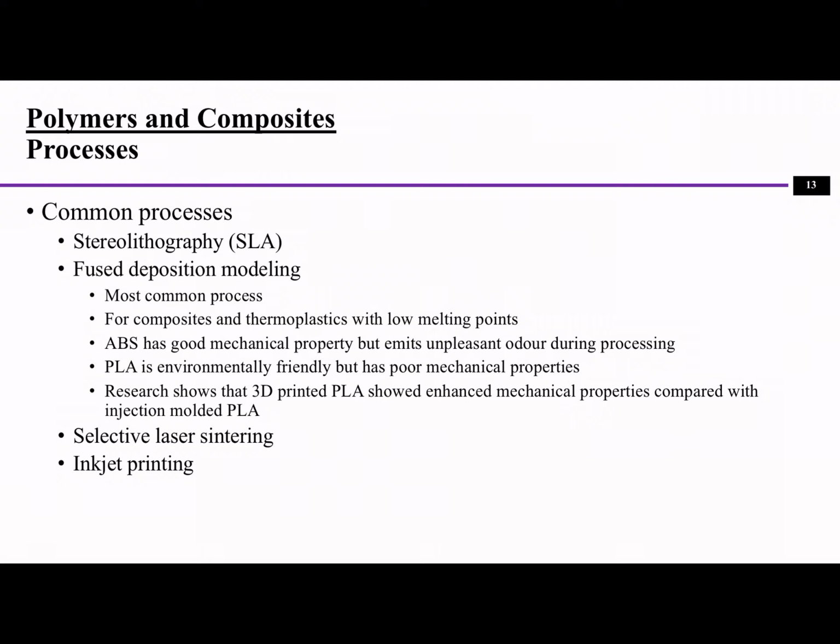ABS has good mechanical properties, but it has an odor that affects breathing. So that's some of the defects. While PLA is environmentally friendly, the mechanical properties can be a little bit poor.